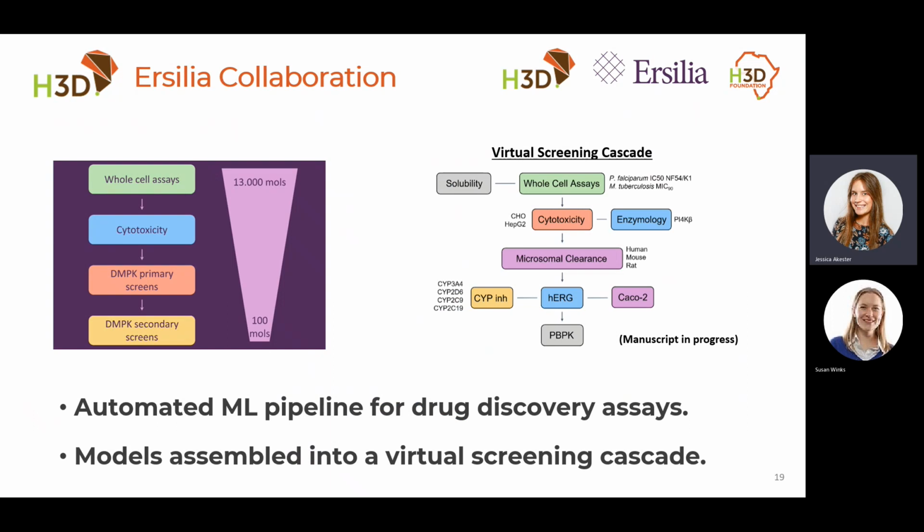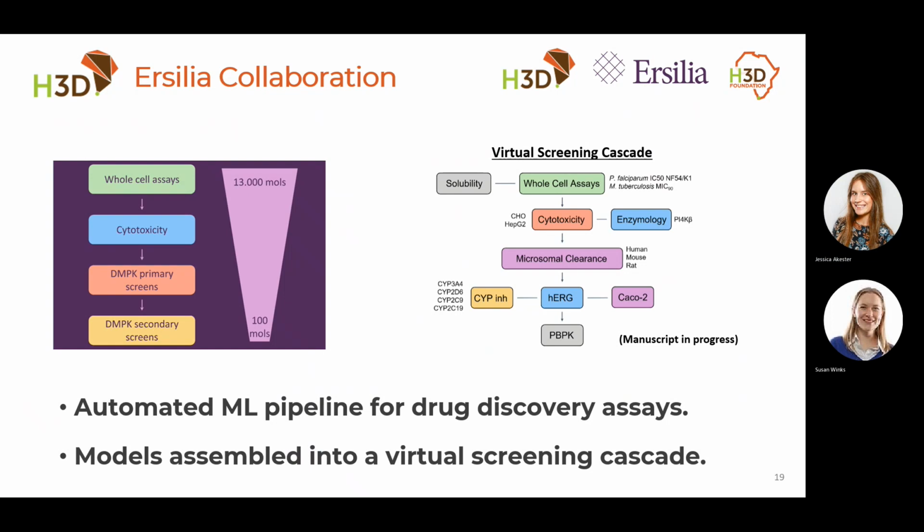So I'm going to move on to more specifically H3D. So where did this all start? About a year ago, we started our collaboration with Ersilia, so Miguel and Gemma came out and worked with us for 3 months. We looked at the general flow of an experimental screening cascade for a drug discovery project, which generally follows some sort of activity measurements.